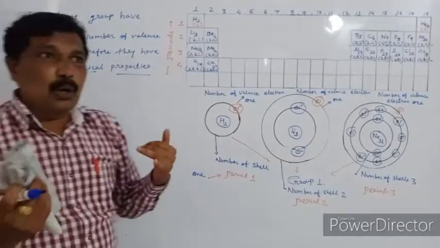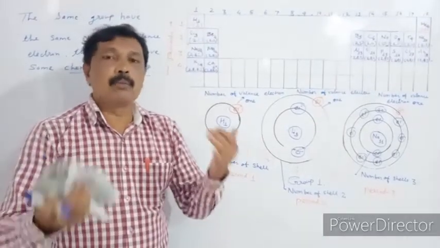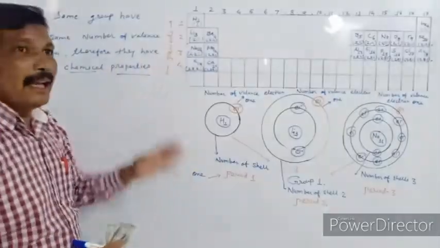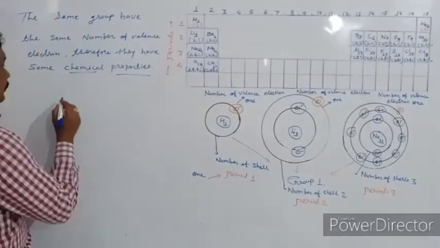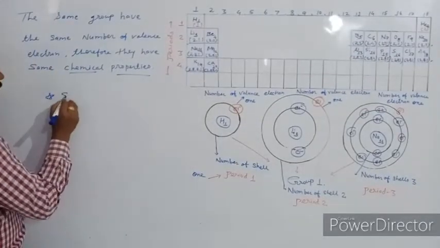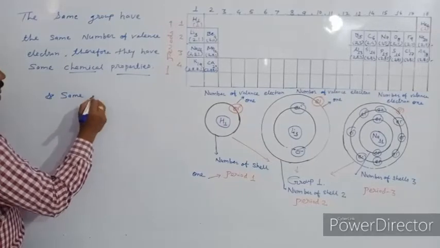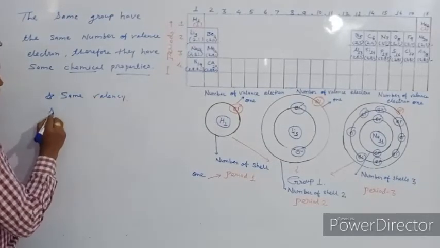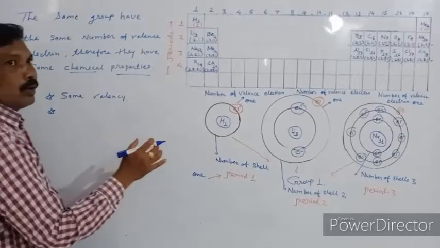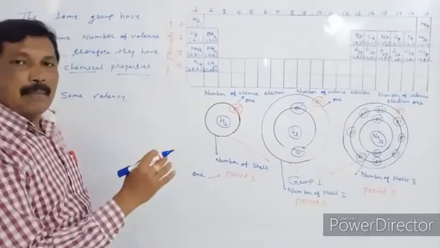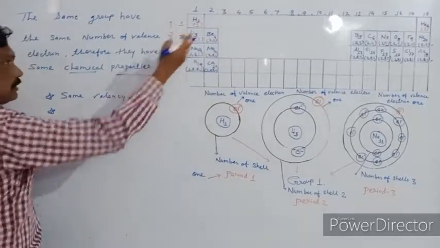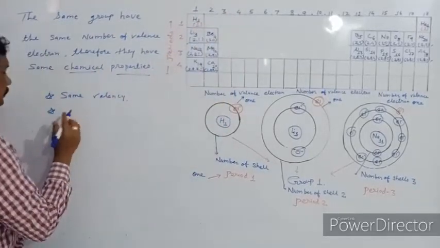But as we move down in a group, all the elements have the same valency. In a group, all the elements will have the same valency. You can see from the table.